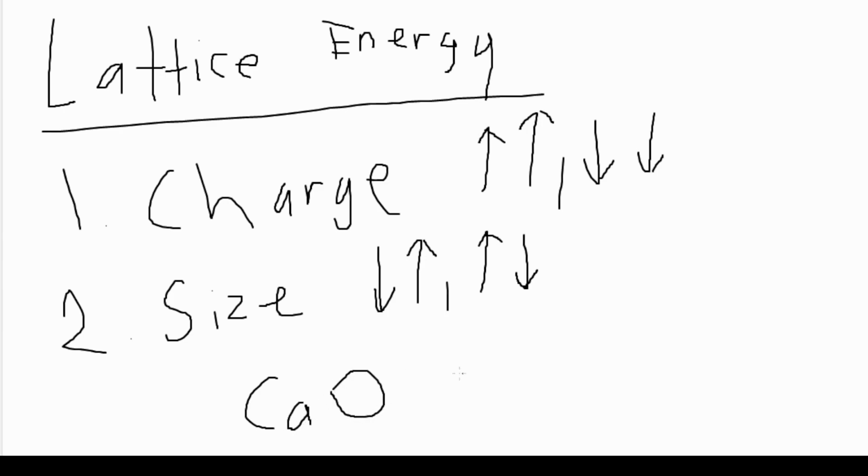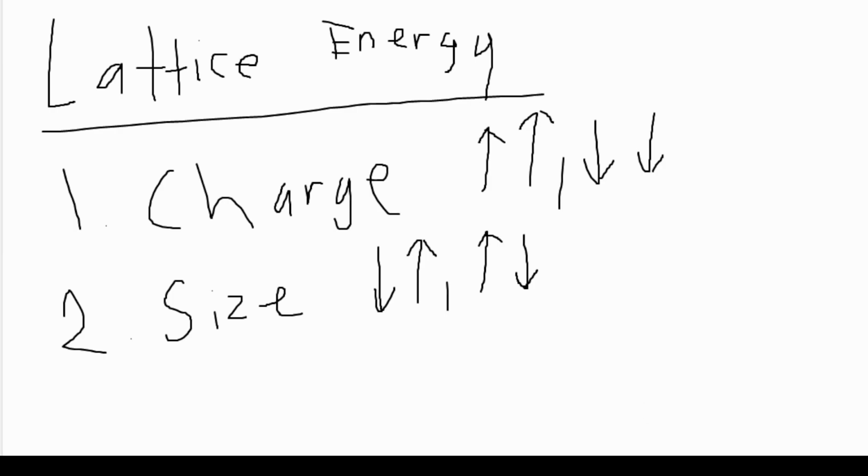The CaO-LiF comparison: LiF is actually smaller, right? Lithium is smaller than calcium, fluorine is smaller than oxygen. So this is a much smaller bond. But because calcium and oxygen have the larger charge, they end up having the larger lattice energy, because charge is a more important consideration than size. So keep that in mind for lattice energy.